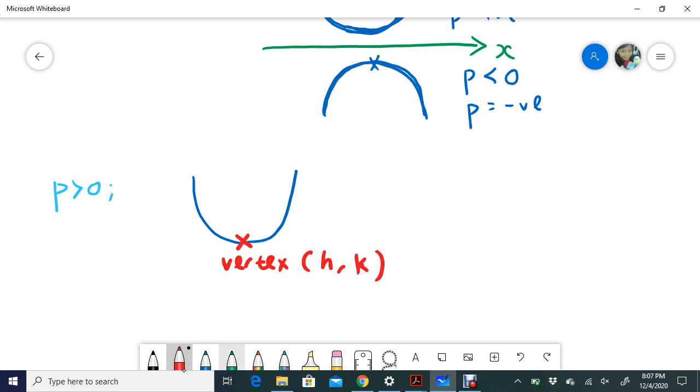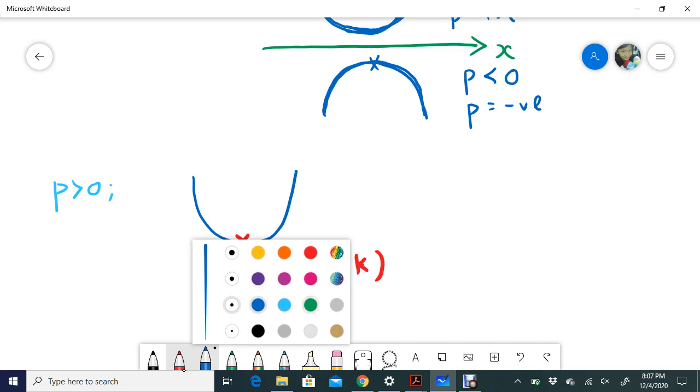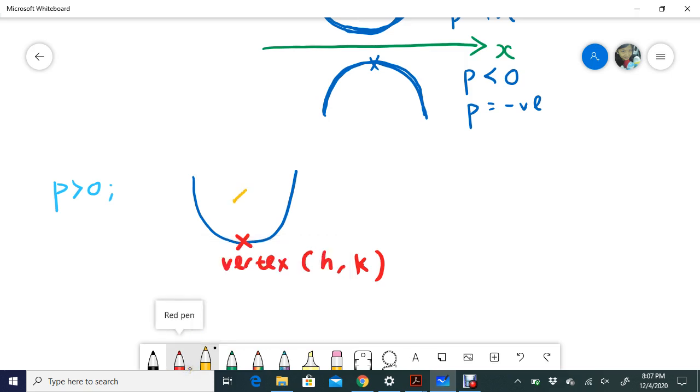Now always remember, the focus point will always be inside the curve. So this will be your focus point. Then where will your directrix line be? Your directrix line will be the alternate one.